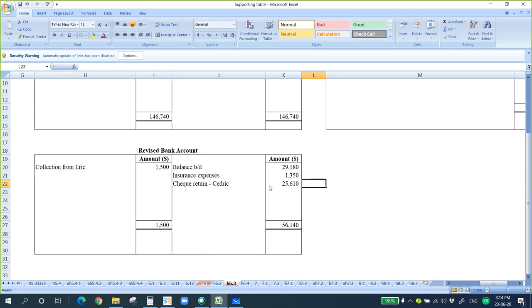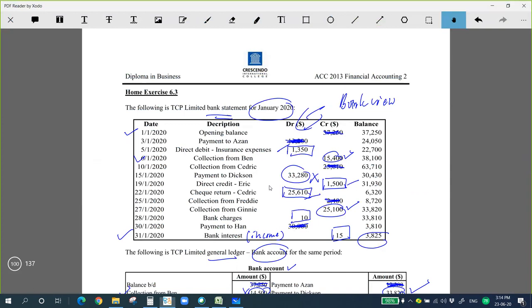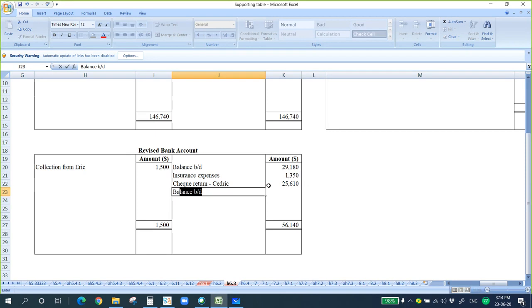Next, we have bank charges $10, not shown in the ledger. So bank charges 10.